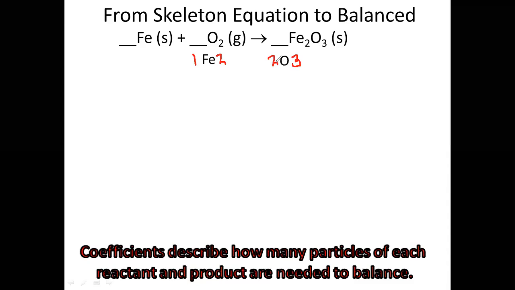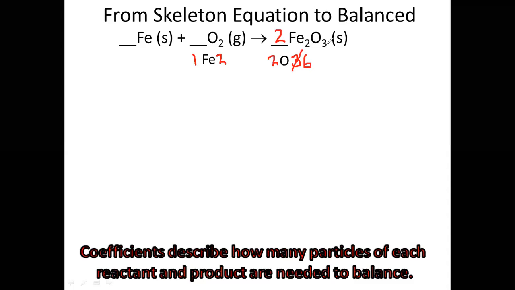So if I wanted to have a target value of 6 oxygen on each side, what might create that would be a 2 right here. That 2 times the O that's back there makes now 6 oxygens on the right side where the products are.